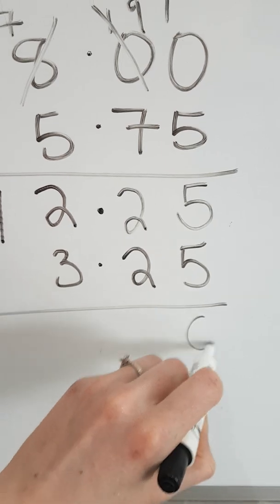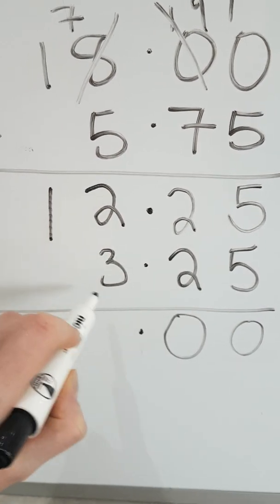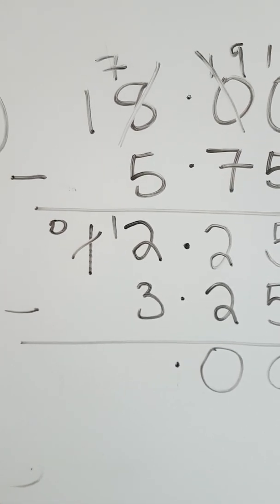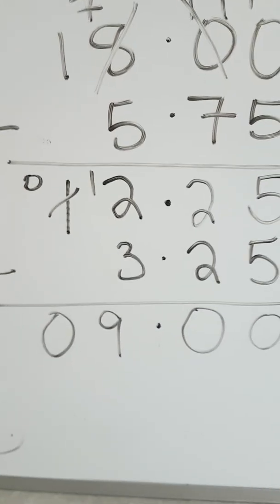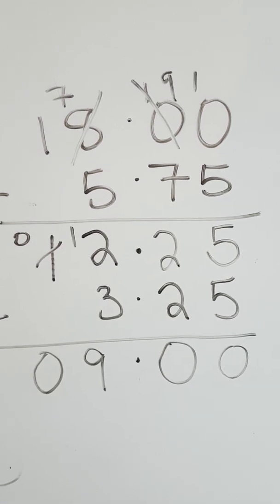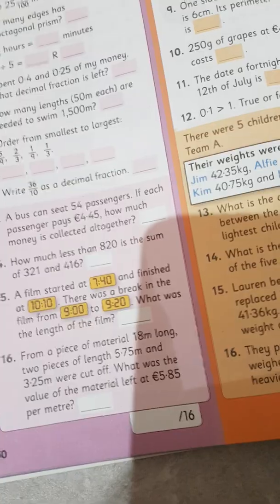So 5 take 5 is nothing, 2 take 2 is nothing, bring down my decimal, 2 take 3 I can't do, so I'll borrow, and 12 take away 3 is 9. And then you just have your 0 here left. So after we cut off the 5.75 and the 3.25 meters, we're left with 9 meters in total.